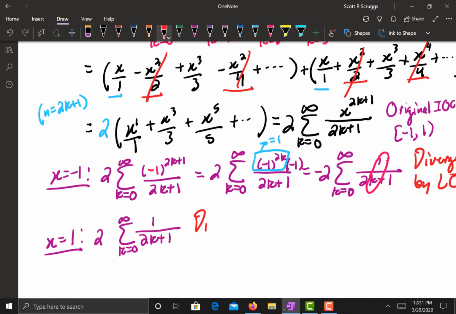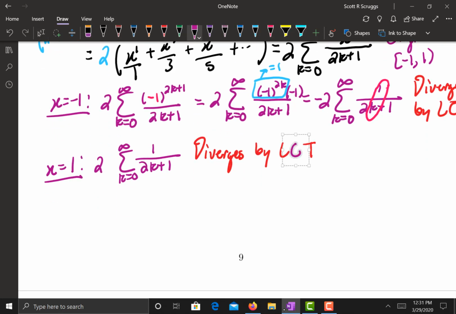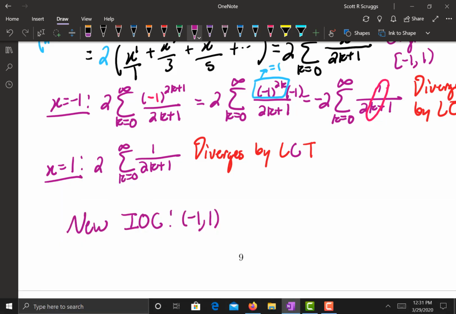So this again diverges by the limit comparison test. That means our new interval of convergence is -1 to 1, not including the endpoints. And our radius of convergence, just like before, does not change, and I'm still at 1.